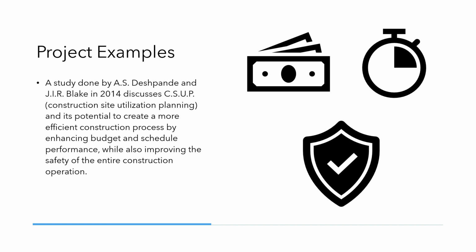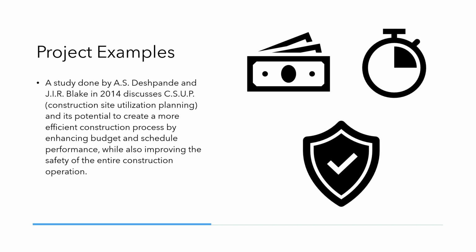This study goes on to discuss how planning has usually been conducted, a combination of AutoCAD and PDF files. By combining building information modeling and construction site utilization planning, we can create a construction execution plan that can be effectively communicated to all stakeholders of said project.